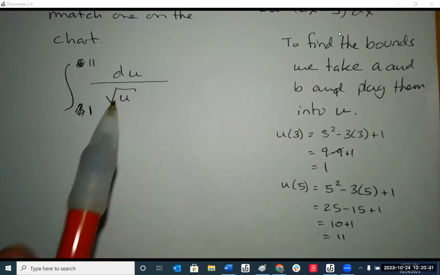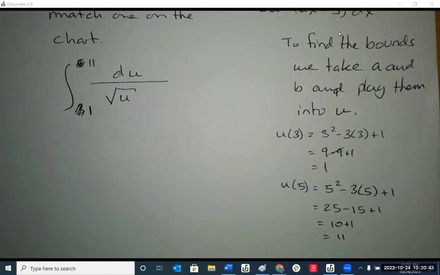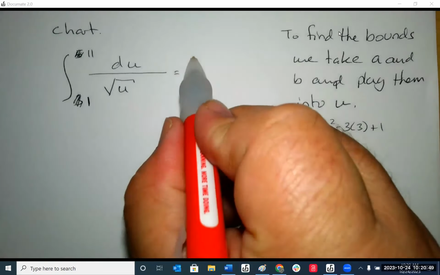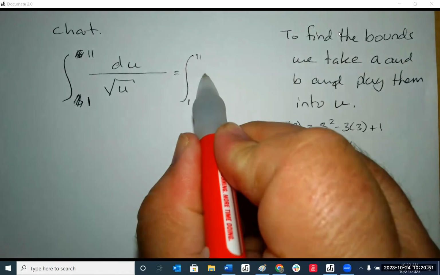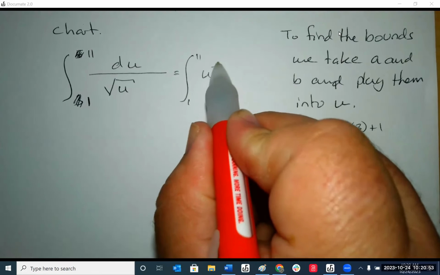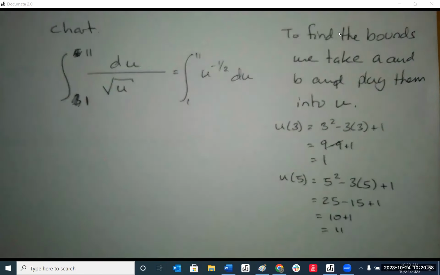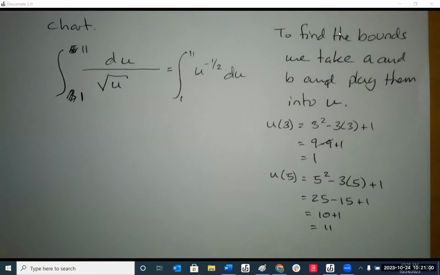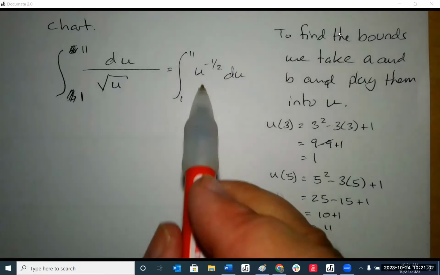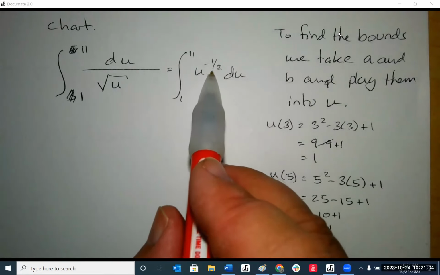Now, can we take the integral of that? Yeah. To take this integral, we got u to the power negative 1/2 du. And what's the integral?